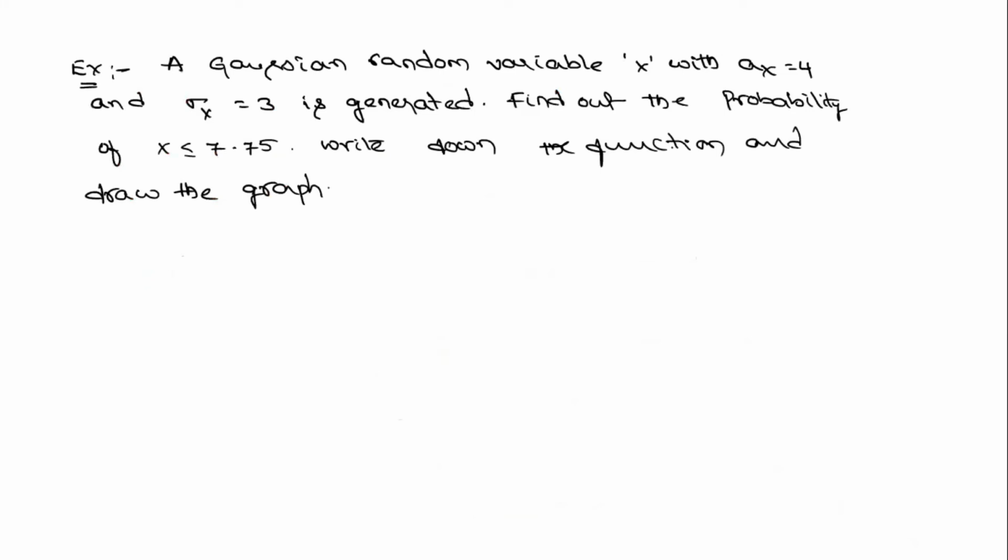Here a Gaussian random variable X is given with mean value aX equal to 4 and standard deviation sigma X equal to 3. They ask us to find the probability of the event X less than or equal to 7.75, write down the Gaussian distribution function, and draw the graph.